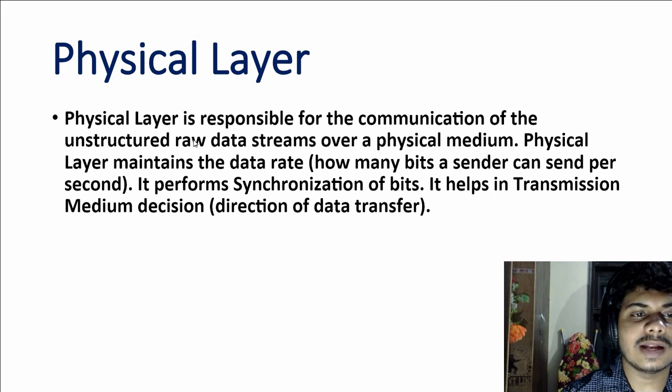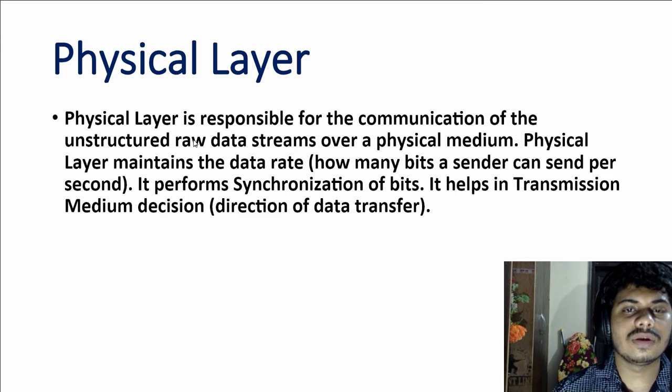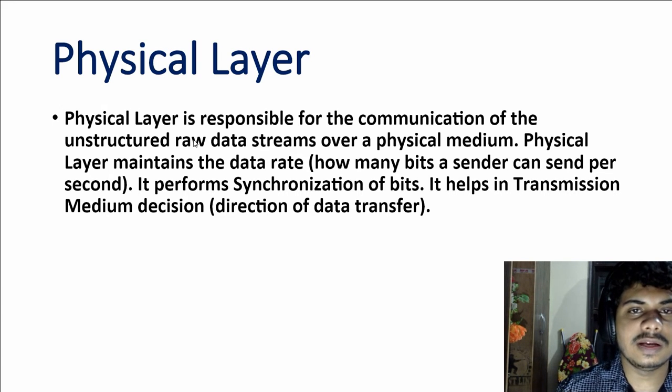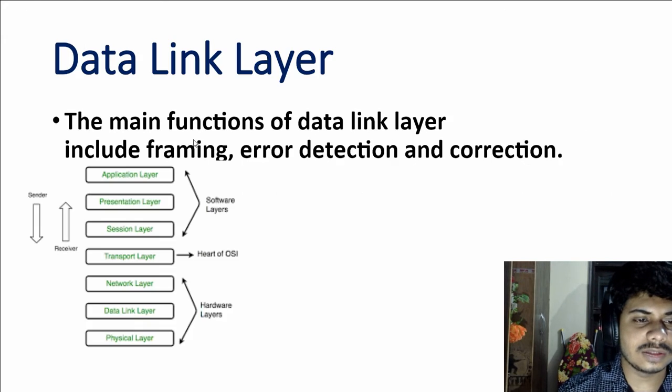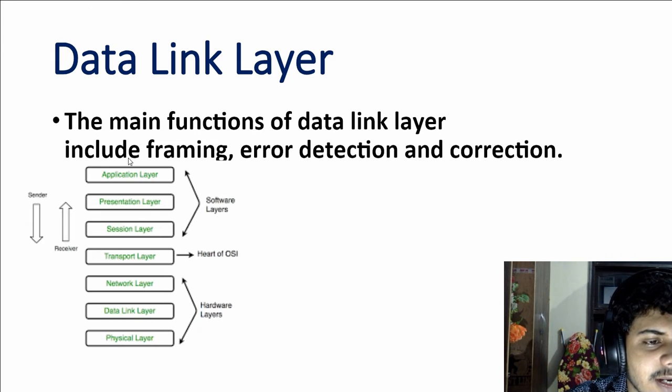Now the receiver's physical layer reads that data in the form of bits, and then the whole process goes up. You can see now at the sender's side the data goes like this, and on the receiver side the data goes up.